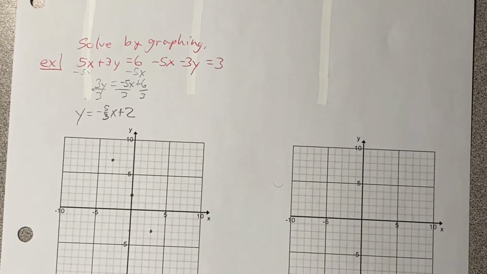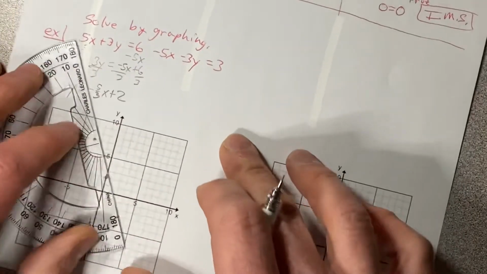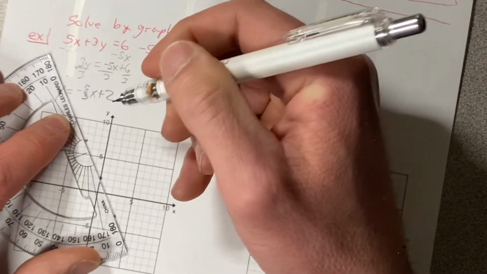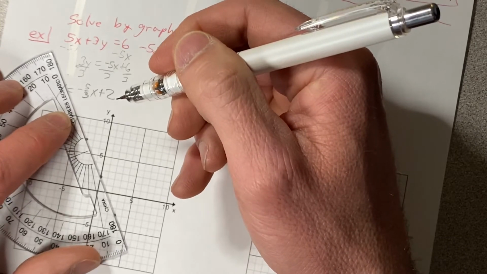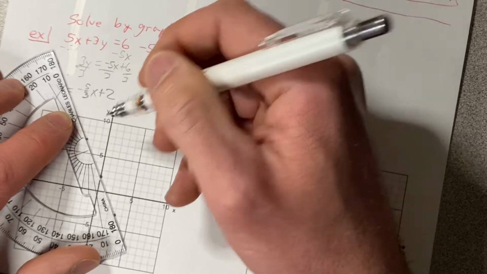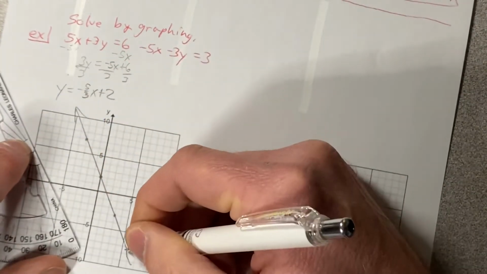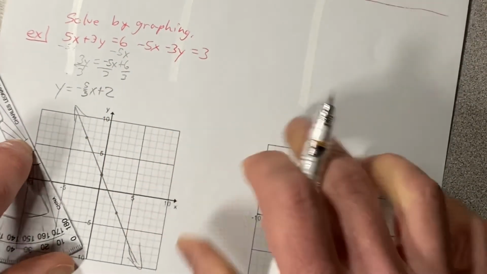And I'm looking for my straight edge. It's around here somewhere. Oh, there it is. Okay, cool. Use your straight edge and graph a line. And try to fill up the page as best you can.